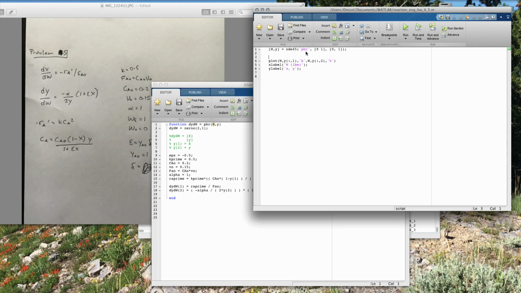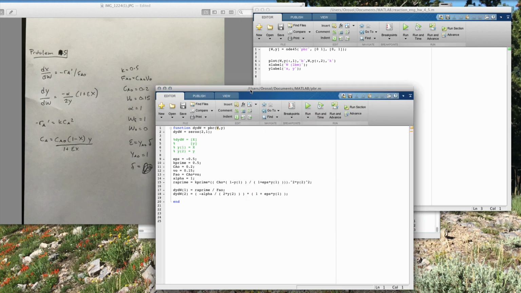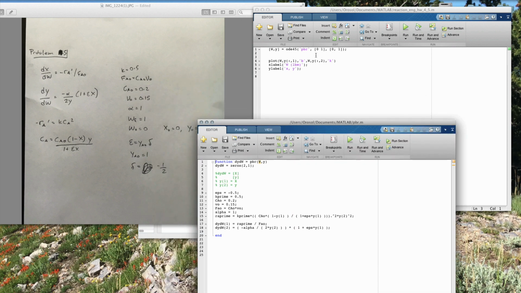And what you're doing is getting the right-hand side from this function, and this is your initial value for W. So W naught is 0, and W final is 1.